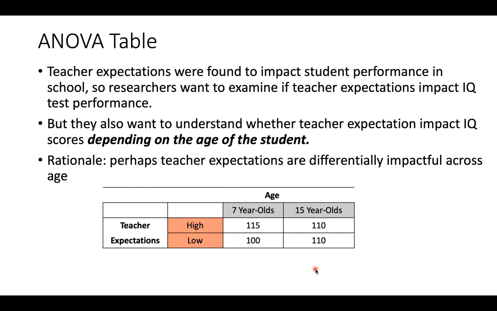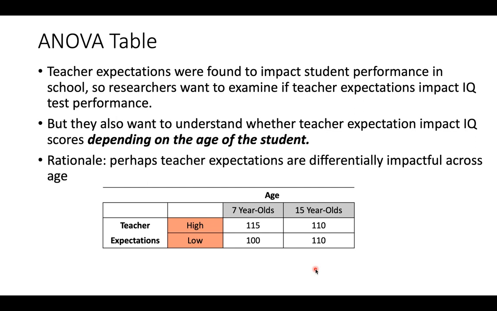And I want you to come to some general eyeball conclusions about whether you expect us to have a main effect of age, whether you expect us to have a main effect of teacher expectations, and whether you expect there to be an interaction between age and teacher expectations. So go ahead and pause the video and then click play when you're done with that and you want to come back and look at the answers. So hit pause. And I hope you're back.